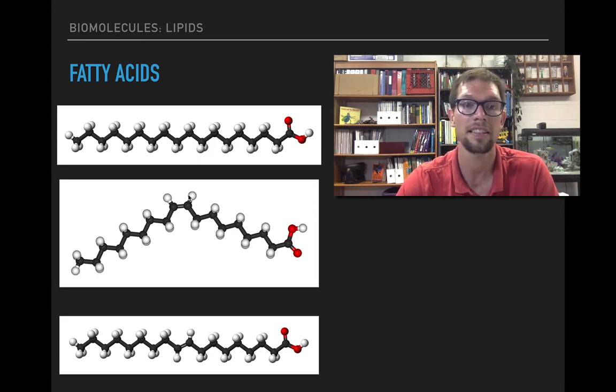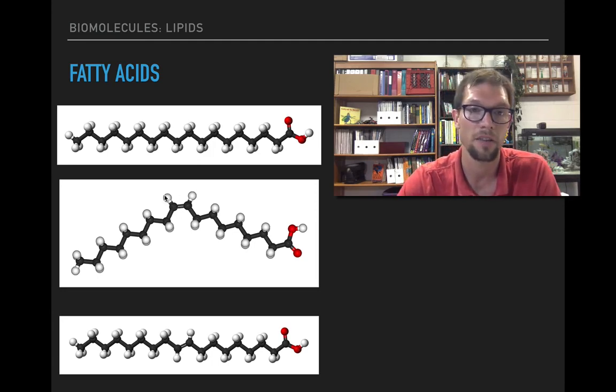You can have it cis, so you can notice that the two hydrogens here are sticking out on the same side. You can't rotate around the double bond, so it's stuck in this configuration. Or alternatively, if you have it so one of the hydrogens is pointing in the other direction from the other one, you can have a trans fatty acid.